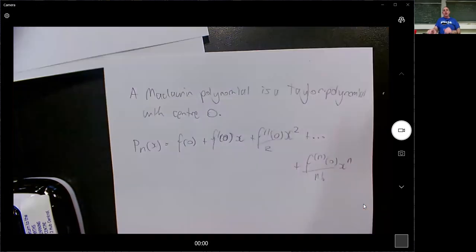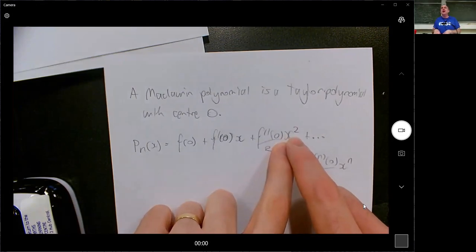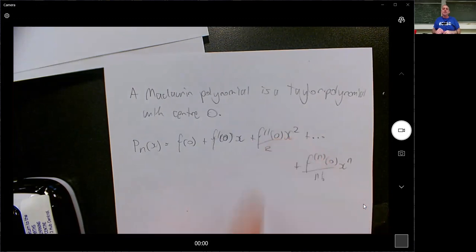So a Maclaurin polynomial is a special Taylor polynomial, and it looks different because you don't have the x minus a bit because the a is 0. Yeah, so that's what makes it a Maclaurin polynomial.